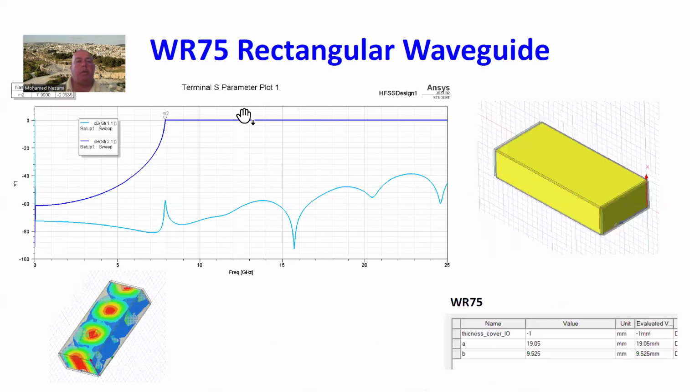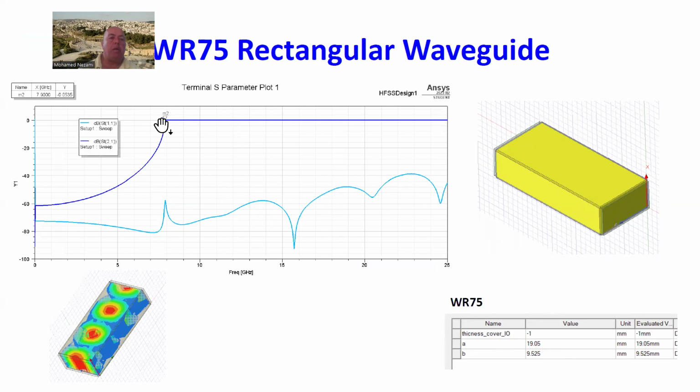So the first thing I did is pick the WR75 rectangular waveguide, with these dimensions, basically 19 millimeters by 9 millimeters. And for this waveguide, the cutoff frequency is around 8 gigahertz.